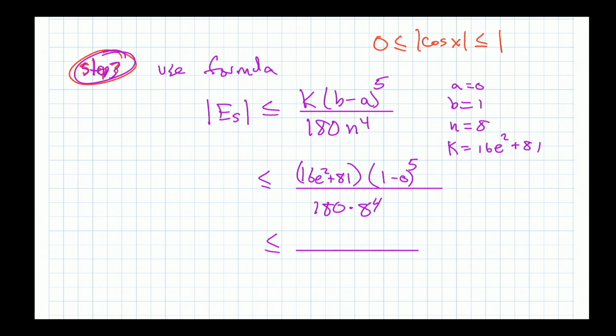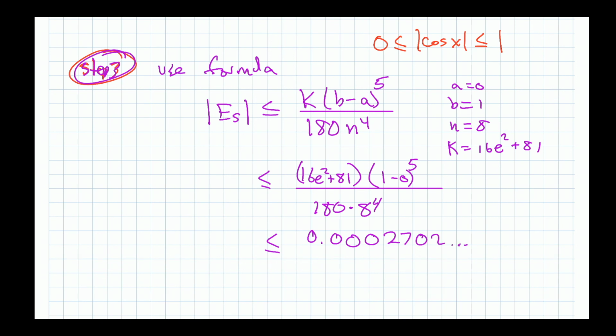16e to the 2 plus 81. It's about 200. Divide by, I guess I'm just going to do this all in the calculator. Divide by 180. Divide by 8 to the 4. I get 0.0002702 dot dot dot.